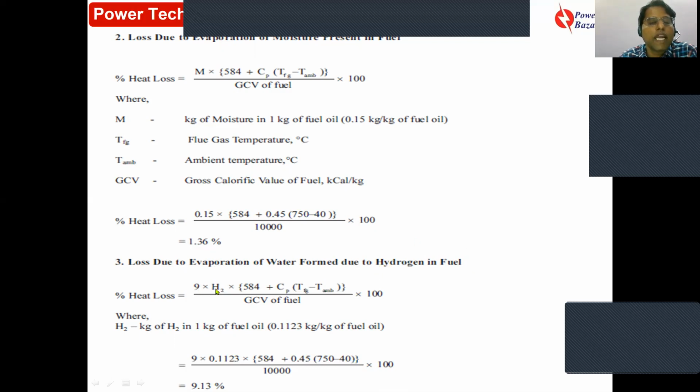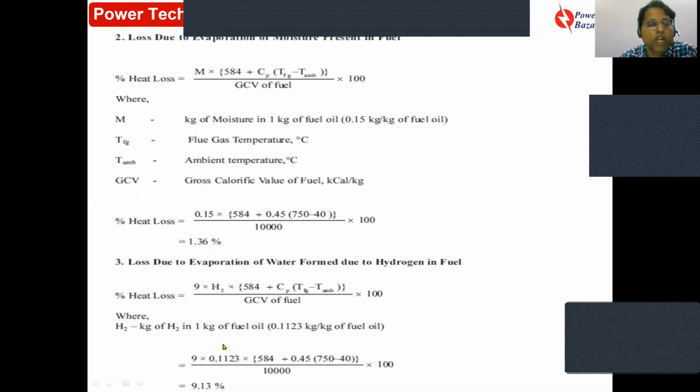So this becomes 9H2. The formula is 9H2 into 584 plus Cp into TFG minus T ambient, divided by GCV of fuel. Now what is the H2? The kg of H2 in 1 kg of fuel oil is 0.1123 kg. So H2 is 0.1123 per kg of oil we are calculating.